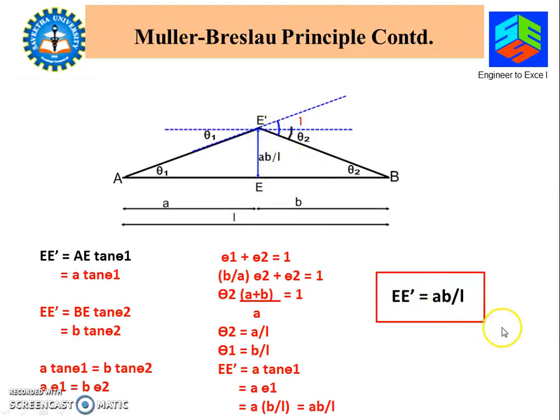So EE dash is nothing but AB by L, and if you remember the previous cases, we had already derived AB by L before.